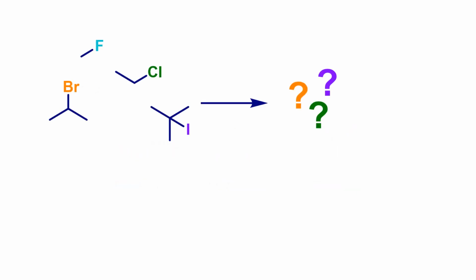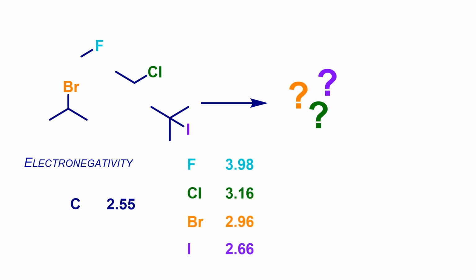When it comes to the reactivity of alkyl halides, the key factor at play is electronegativity. Remember that carbon has mid-range electronegativity at about 2.5. Now fluorine, chlorine, bromine, and iodine are all more electronegative than carbon.